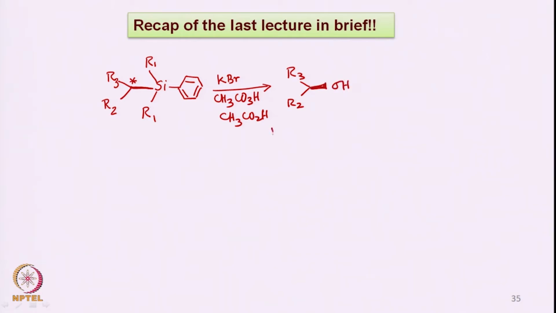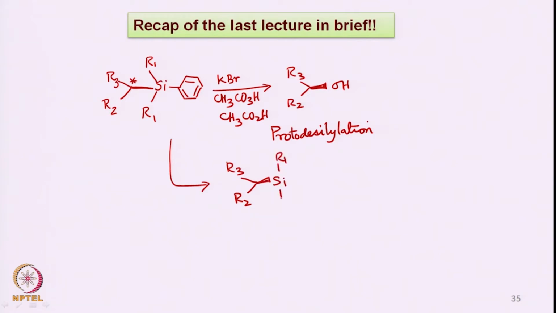What we did was protodesilylation, and we proceeded via the corresponding halide present on the silicon, where the phenyl ring was replaced by X, like a bromine.